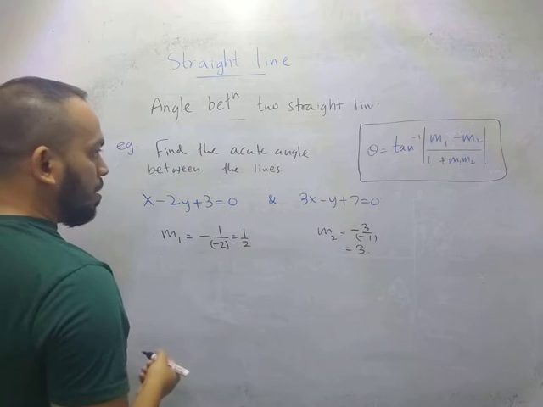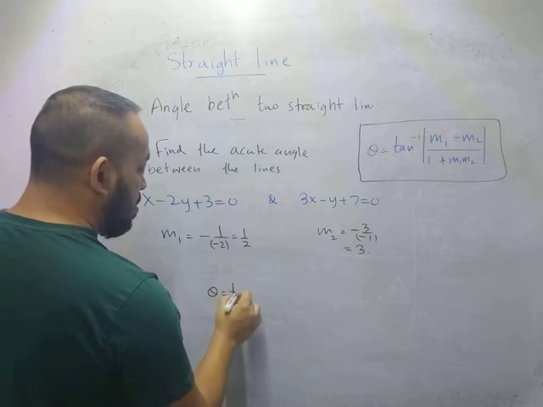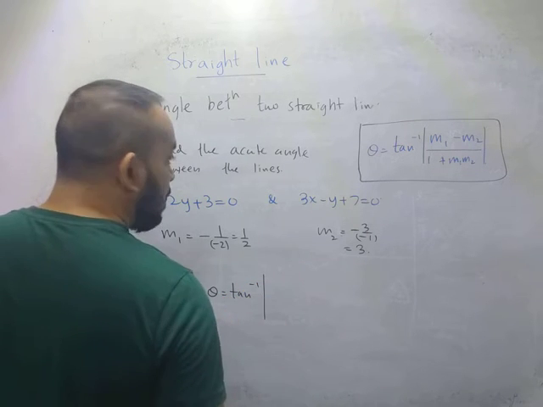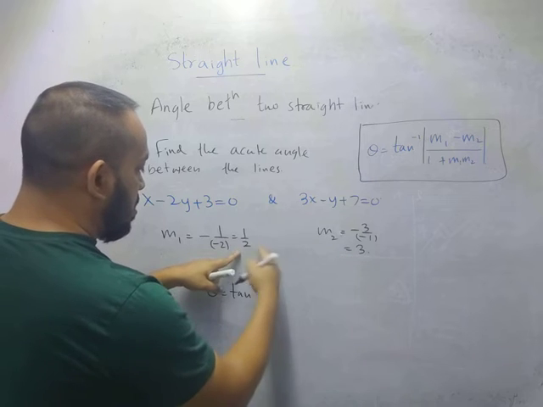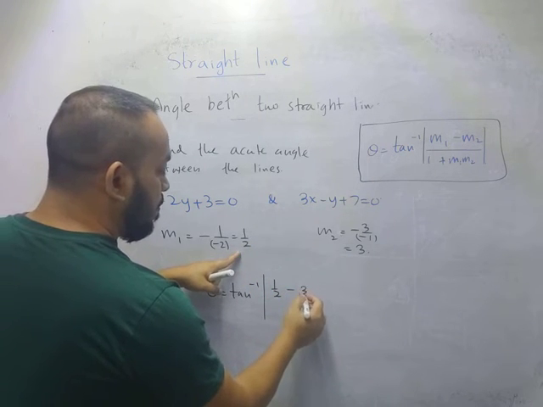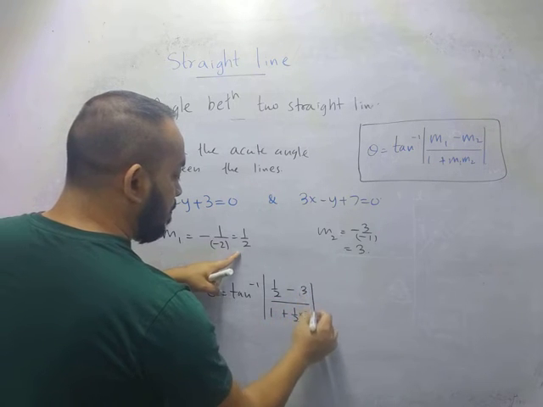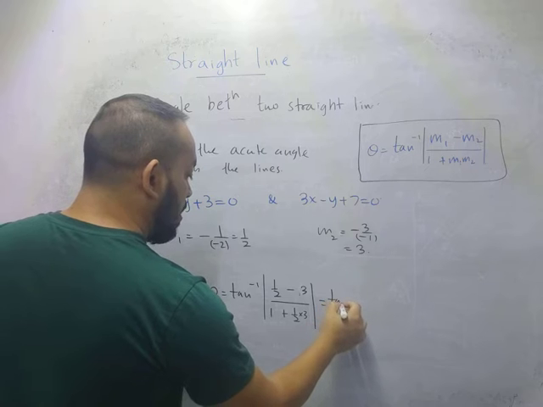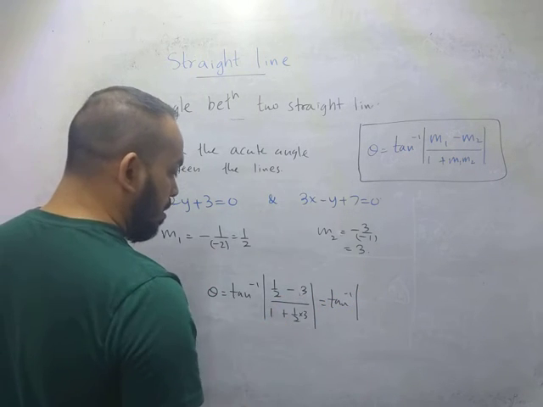So let's now use this equation. Theta equals tan inverse of modulus of m1 minus m2 divided by 1 plus m1 m2. Let's pick m1 as half: half minus 3 divided by 1 plus half into 3. So tan inverse, what do we get from here?